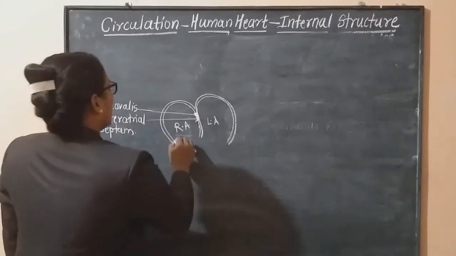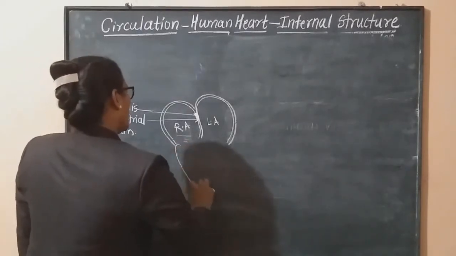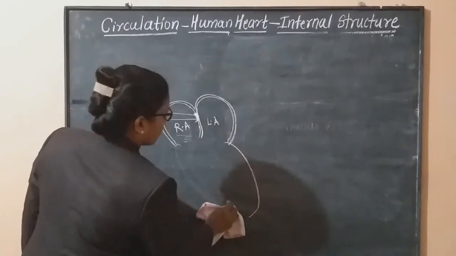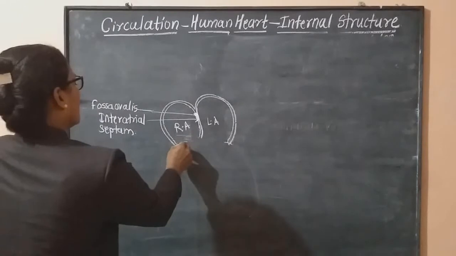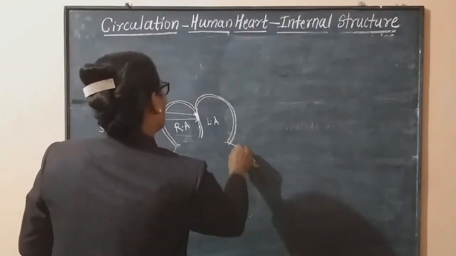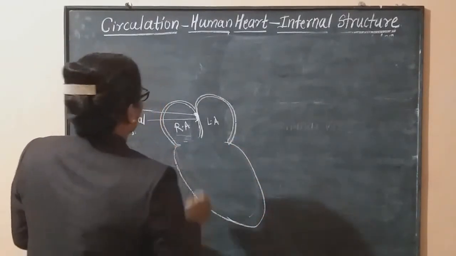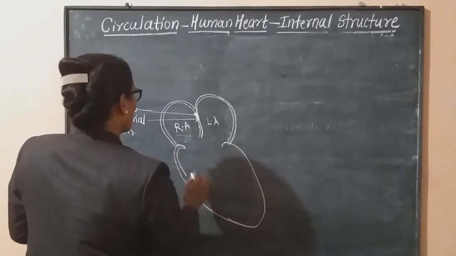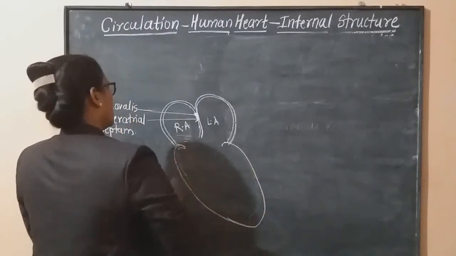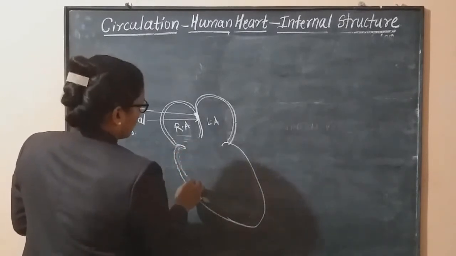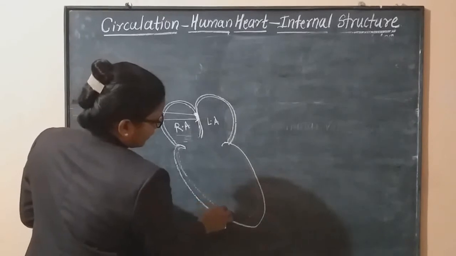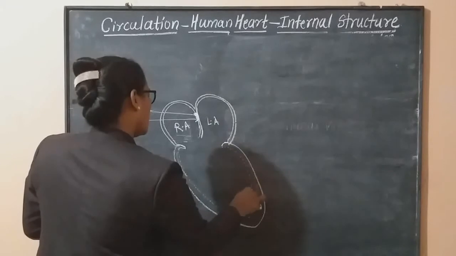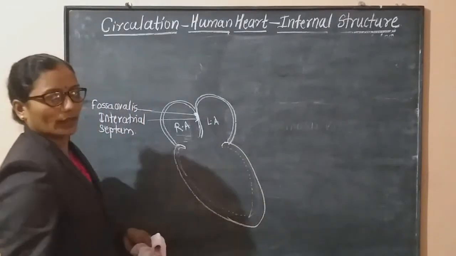Now the lowermost or inferior chambers are the two ventricles. These two ventricles are separated from each other. I am drawing this line dotted because this is the inner surface of the ventricle.